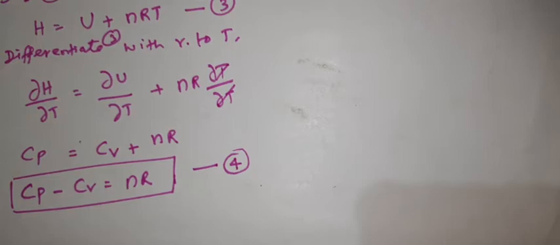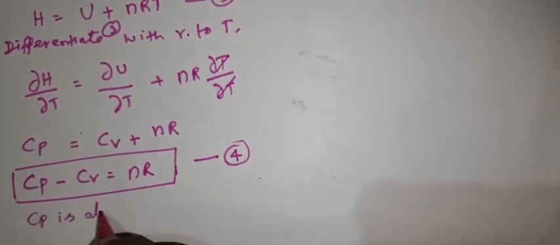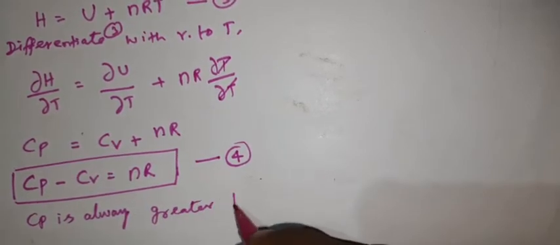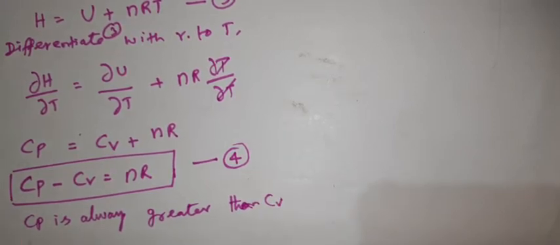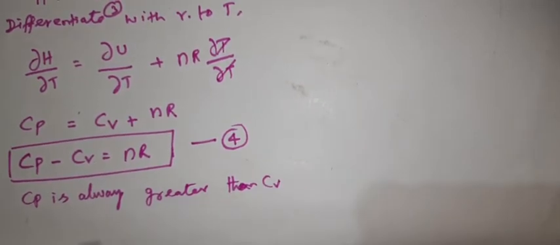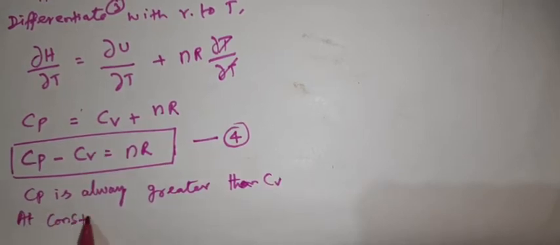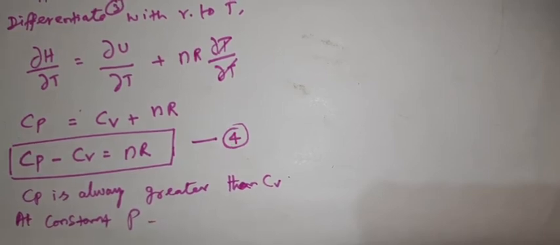Here Cp is always greater than Cv. For that, you should know that in constant pressure processes, a system has to do work against the surrounding.